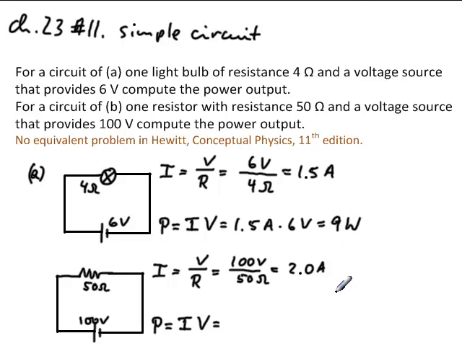Should have done that over here too. That should be 9.0 watts. Okay, and then so I have 2.0 amps here, and I multiply that with 100 volts, and that equals 200 amps. Oops, 200 watts. Okay.